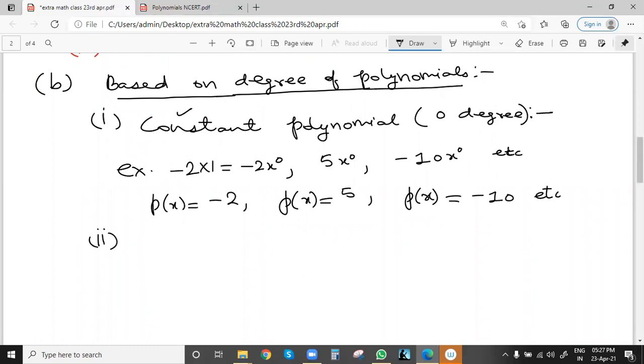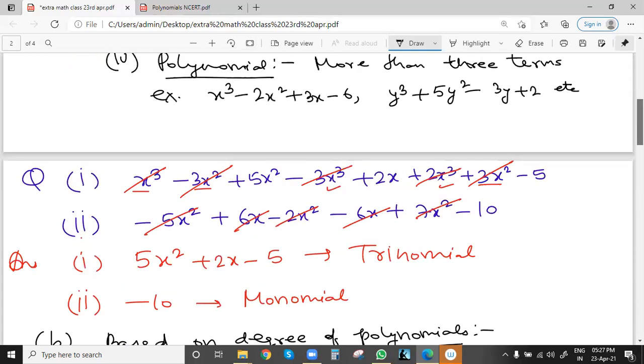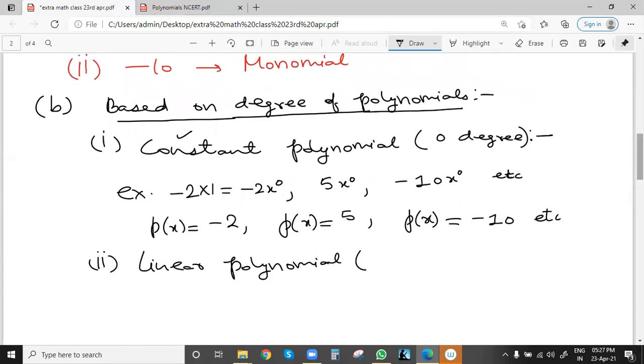See, second, linear polynomial. Linear polynomial will have, after 0, what comes? 1. So this was the constant polynomial.